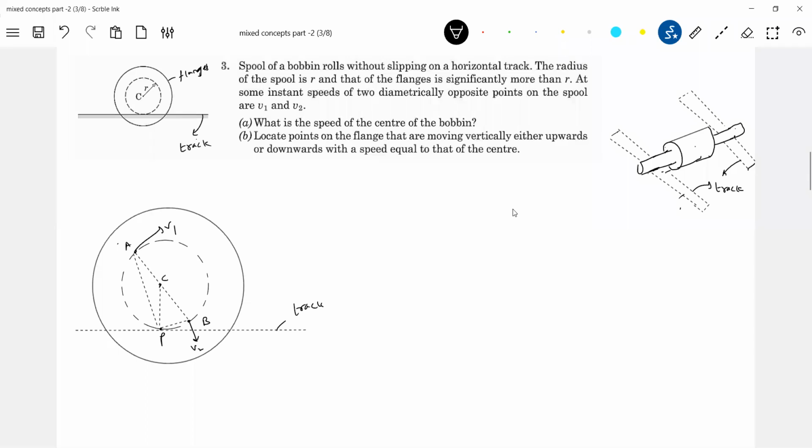First of all, where is the instantaneous center? I'll just expand that triangle.